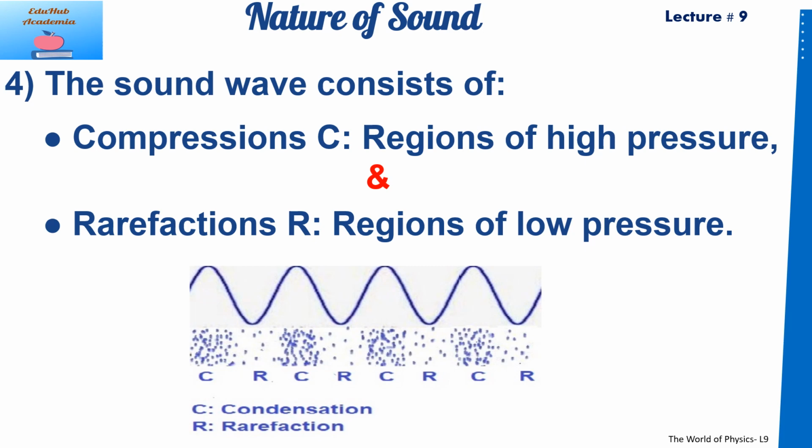You can see in the diagram below a comparison between a transverse wave and a longitudinal sound wave. Sound is a set of compressions and rarefactions where particles condense or disperse. And of course, these are in a successive pattern.